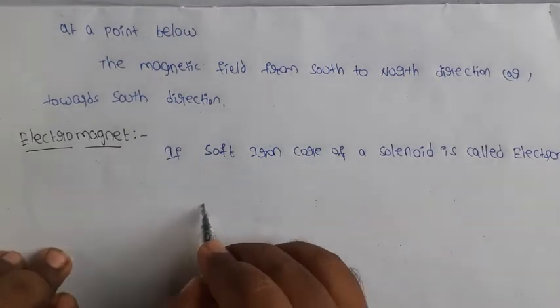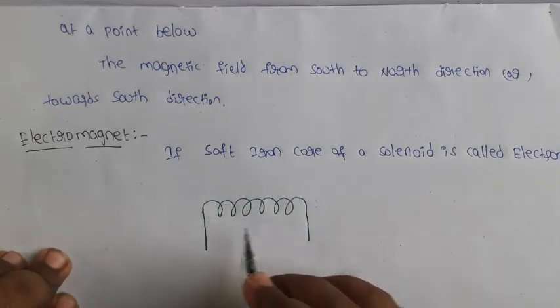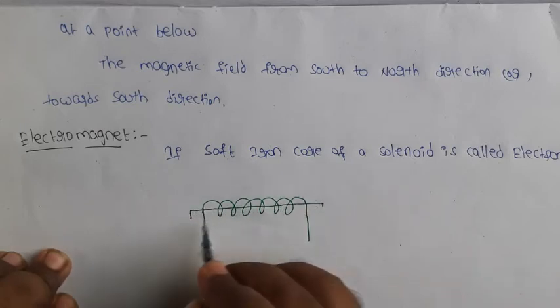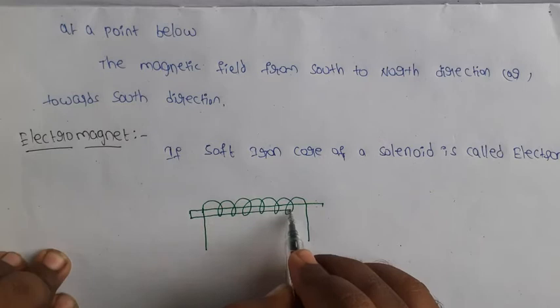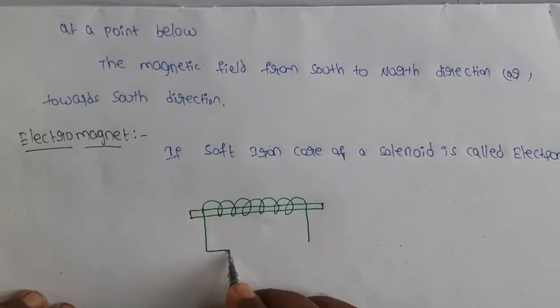This is a solenoid. When you insert soft iron core into the solenoid, it behaves as an electromagnet. This solenoid is connected to a battery.